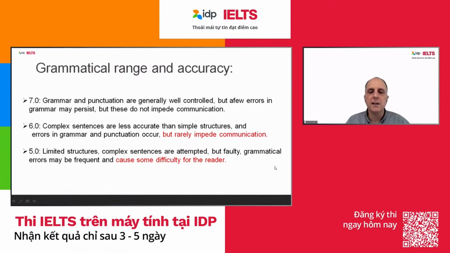For the last one, grammatical errors may be frequent and cause difficulty for the reader. That's also why you should quickly read through. You can't read out loud because you're in a test, but read it out in your mind.